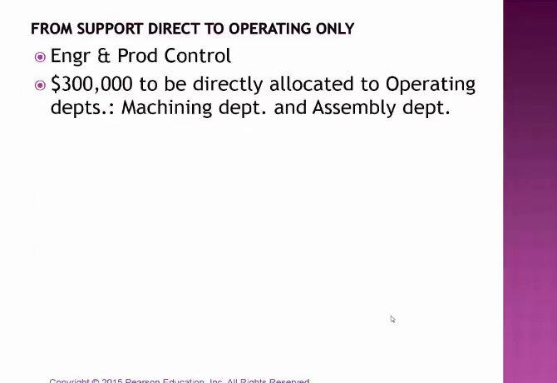All right, so engineering and production control has $300,000 that needs to be allocated on. We're going to do the direct method. It's going to go directly to operating, skipping the other service or support departments that also use some of the engineering and production control time.